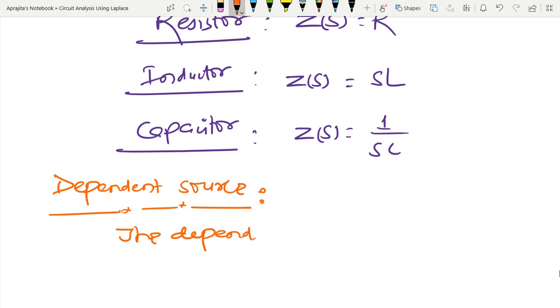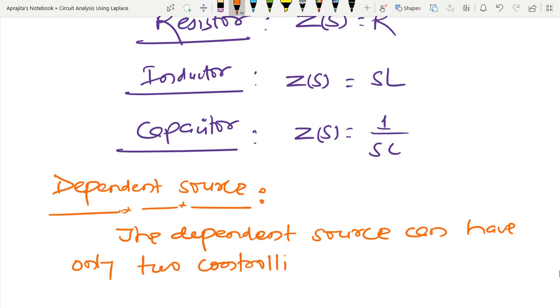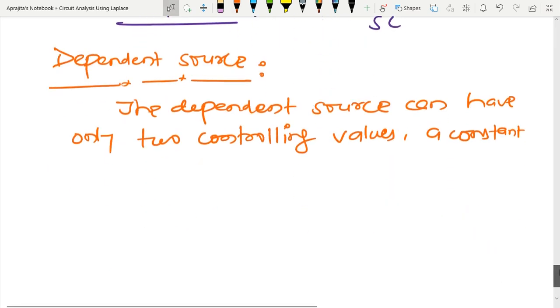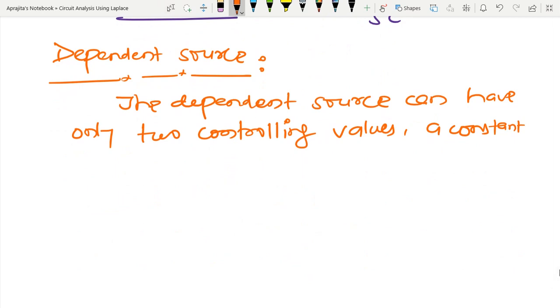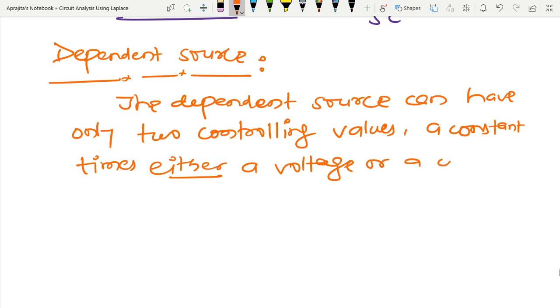So the dependent sources can have only two controlling values, a constant times either a voltage or a current.